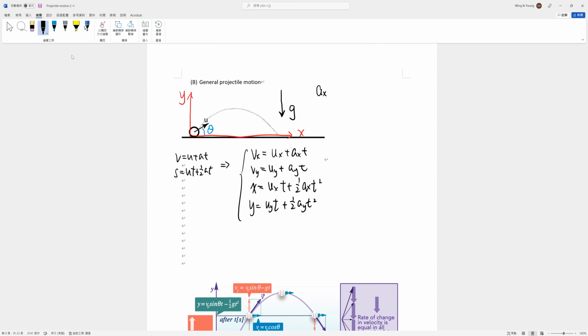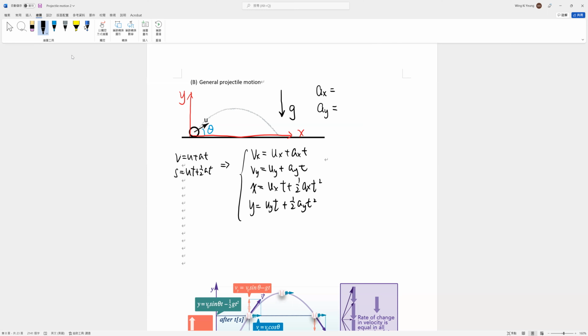So what is AX and AY? What is the horizontal acceleration?